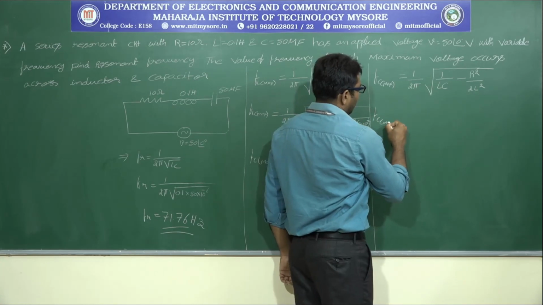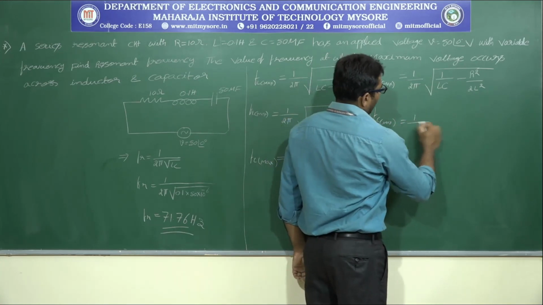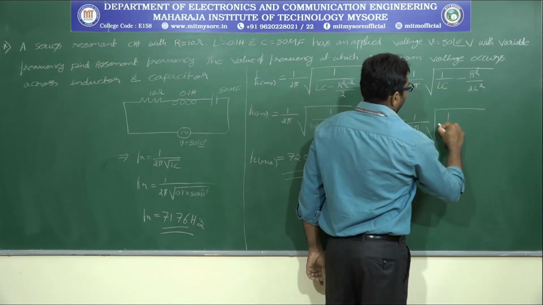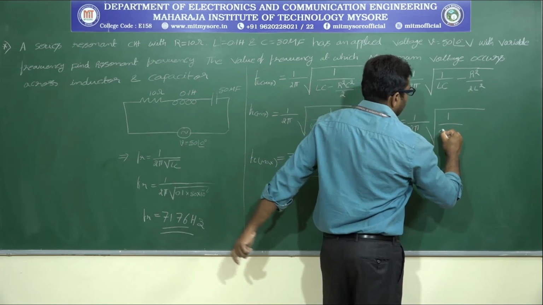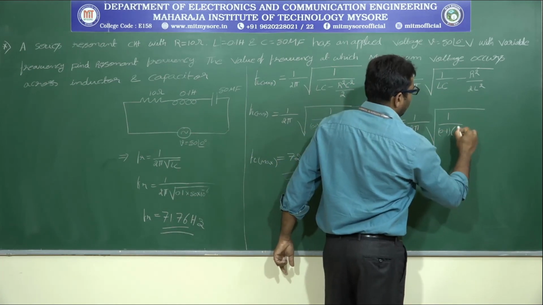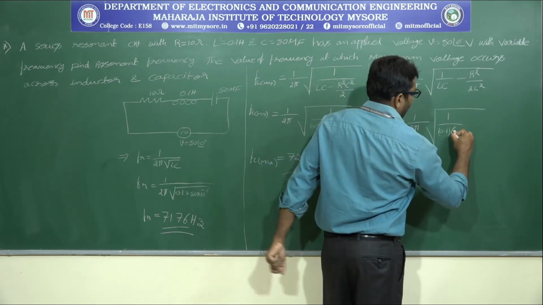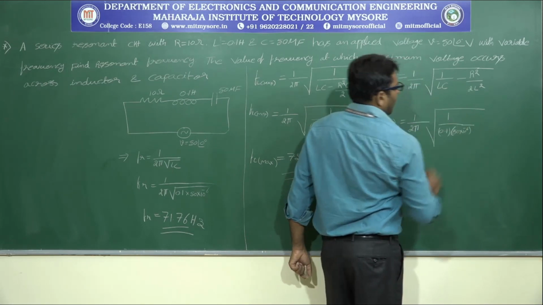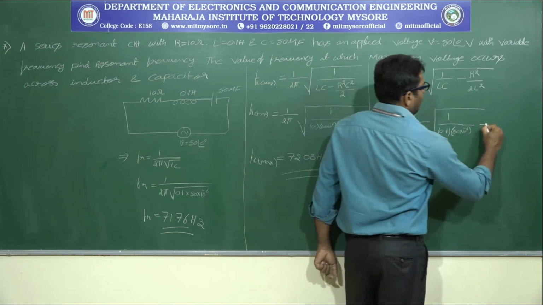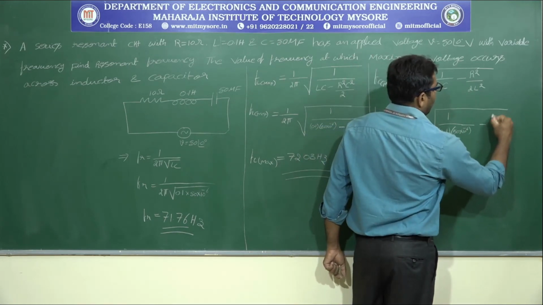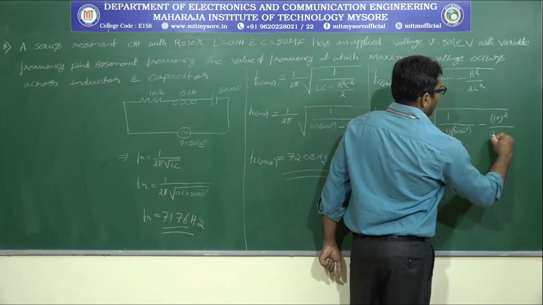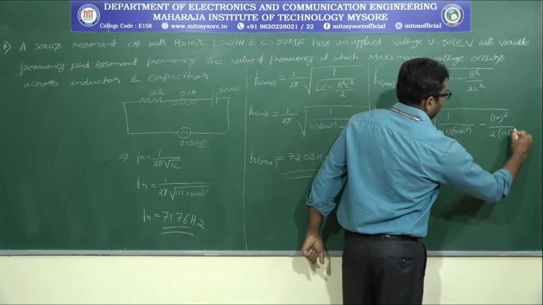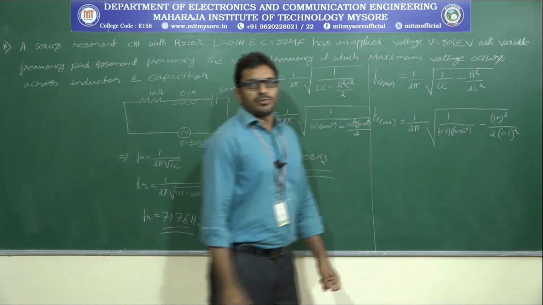FC max is equal to 1 by 2 pi square root of 1 divided by inductance value 0.1 into capacitance value 50 microfarad, 50 into 10 power minus 6, minus R square, 10 square, divided by 2 into 0.1 Henry, whole square.